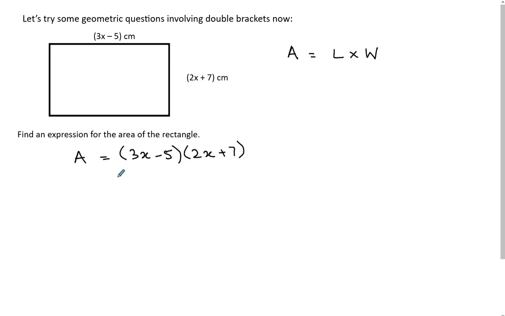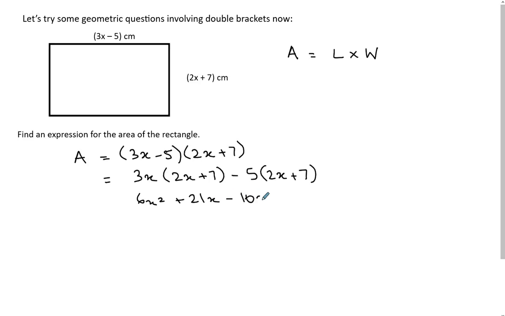Okay, this time you can't cheat, but you can expand it my way. So you've got 3x times 2x plus 7 minus 5 times 2x plus 7, which gives you 6x squared plus 7 times 3 is 21x minus 5 times 2 is 10x, minus times positive is minus, 5 times 7 is 35.